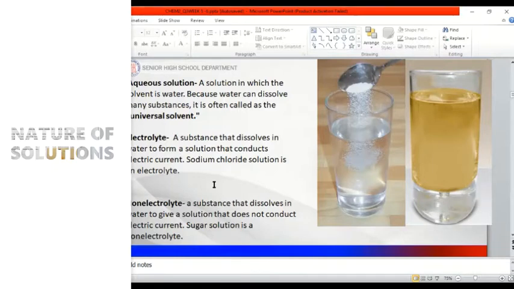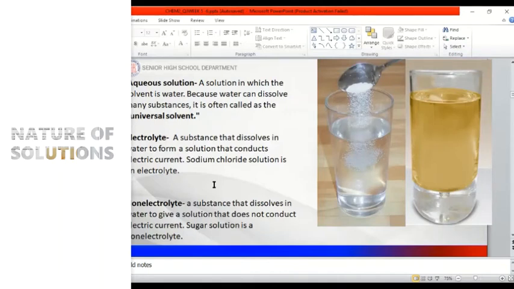We also have a term called electrolytes. When you're drinking Gatorade or mga drinks that are for energy, okay, when a substance dissolves in water to form a solution that conducts electric current, it is actually called an electrolyte.